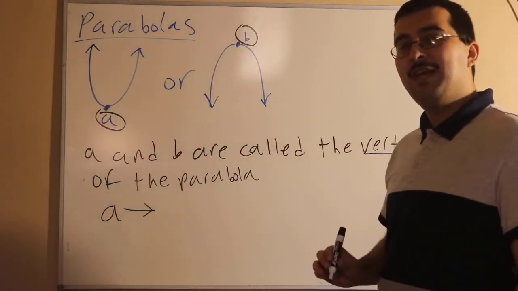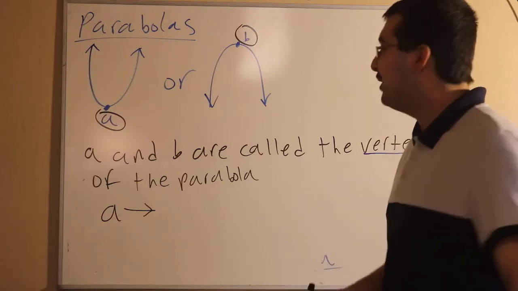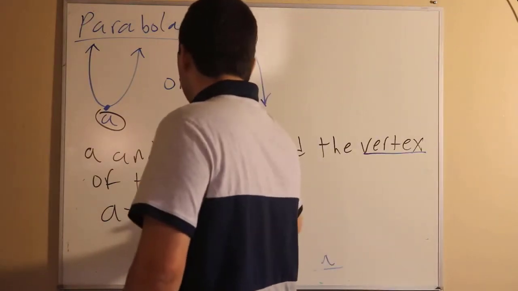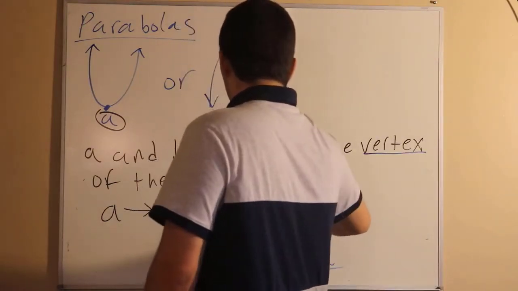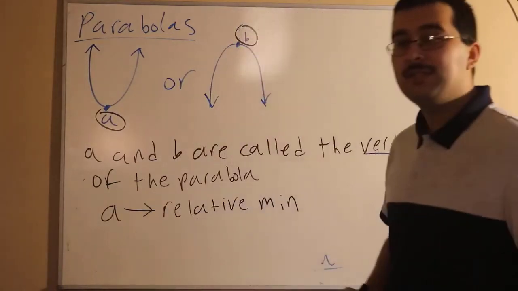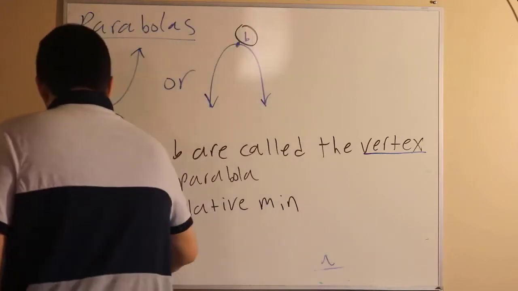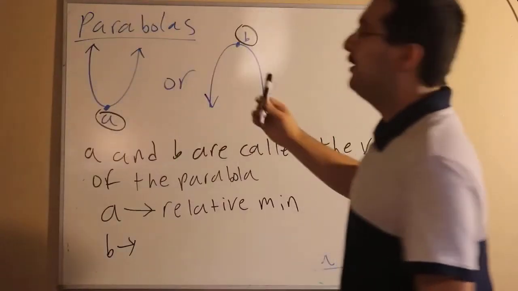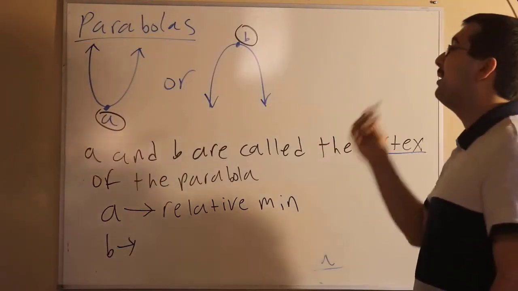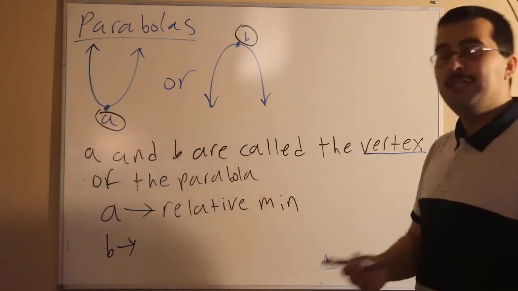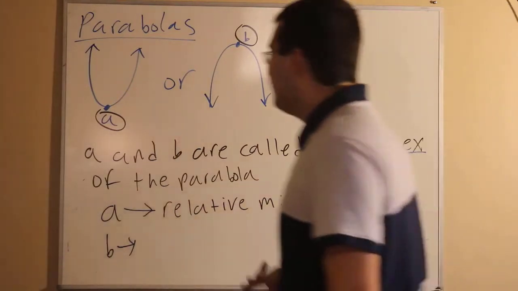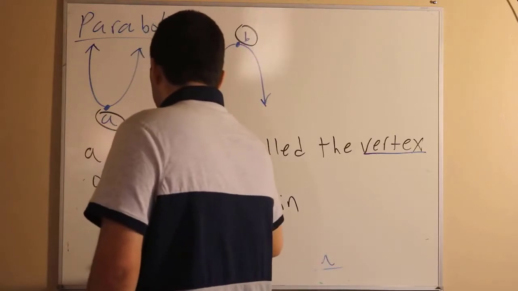That is the exact behavior to classify as a relative minimum, right? So A, in addition to being the vertex, is the relative minimum. And B, my bad, you increase before B, you decrease right after B, so B is a relative maximum.